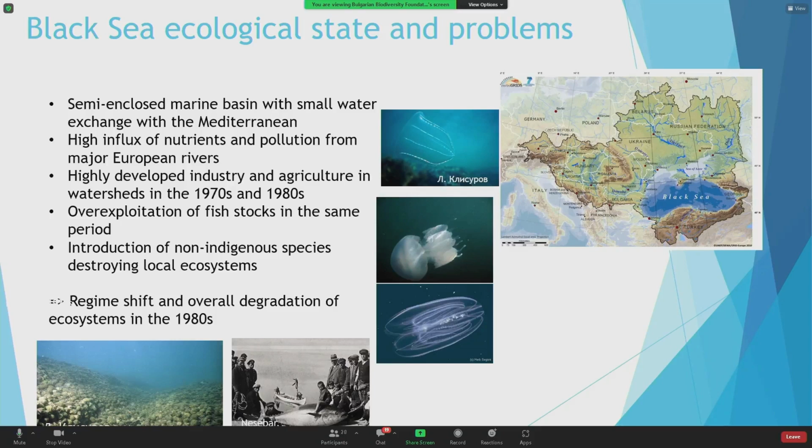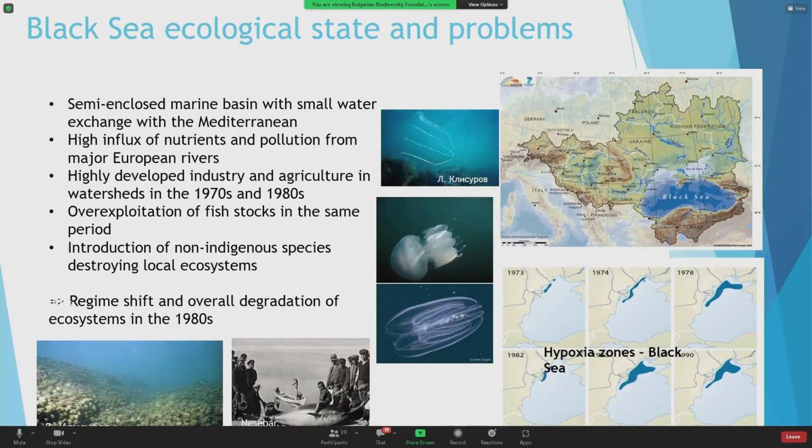In the 1970s and 1980s, the ecosystem of the Black Sea completely changed. This was also due to the overexploitation of fish stocks and the introduction of non-indigenous species that destroyed local species, trophic chains and populations of different animals and plants.